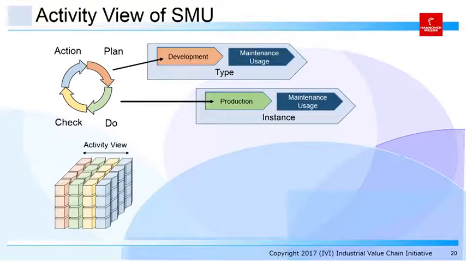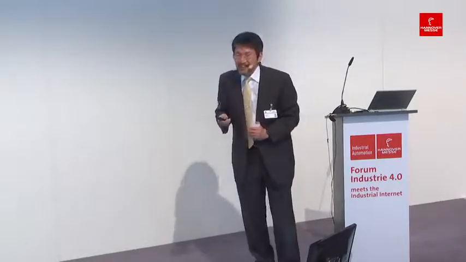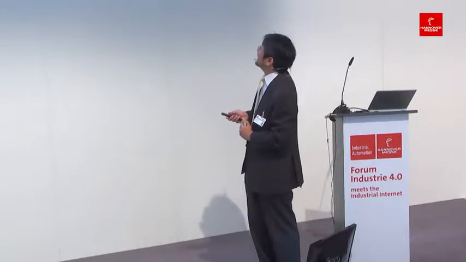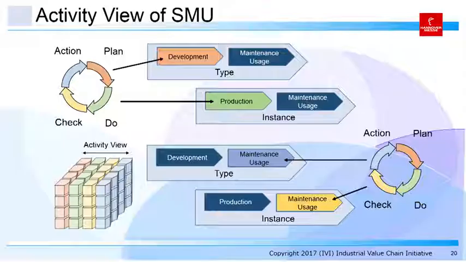And the PDCA model, cyclic improvement, may correspond to this one and this one. So this is also cyclic, not only one way from our view, but maybe the type and instance correspond to this, and it has to be done in a recursive way.